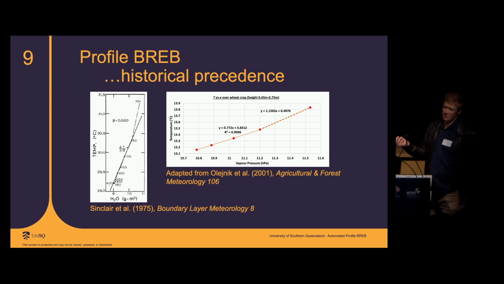But the instrumentation that they were using was cumbersome. They were using aspirated psychrometry and things like that. And so it wasn't really a practical field tool. The other thing that was a problem was that they had to do these line fittings manually. Part of the reason for that is you can see on these lines, not all the data points fit on that line.